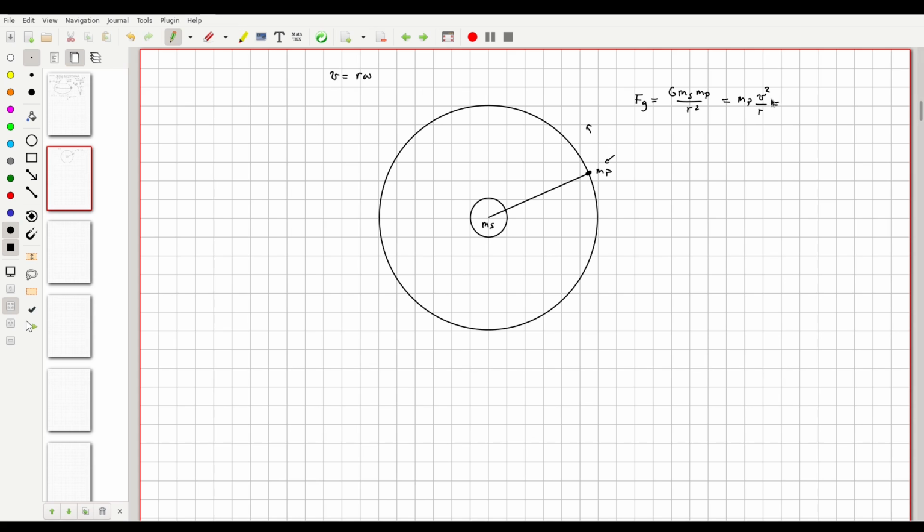So you can write this again as m sub p r times omega squared. So here's what we have. G times the mass of the sun, mass of the planet, over r squared is equal to the mass of the planet, r omega squared. So the planet's mass cancels.